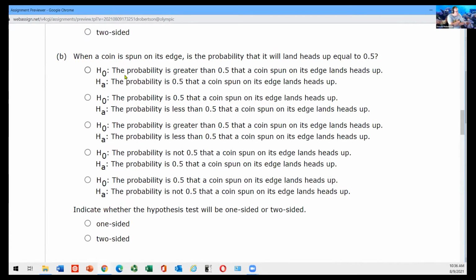Okay, when a coin is spun on its edge, is the probability that it lands heads up equal to 0.5? So yes, it is null, and it's different if it's not.